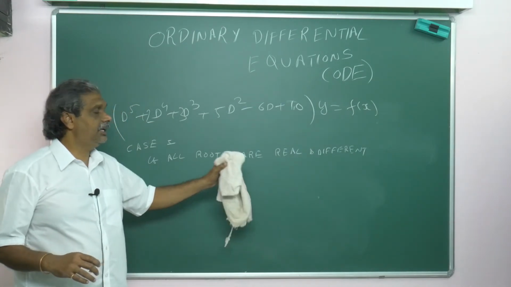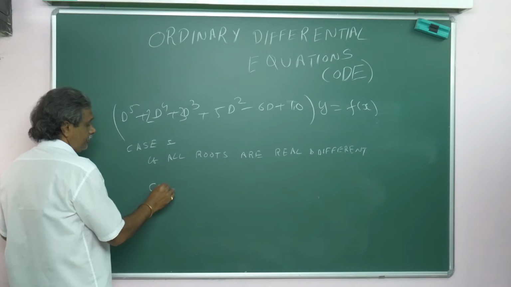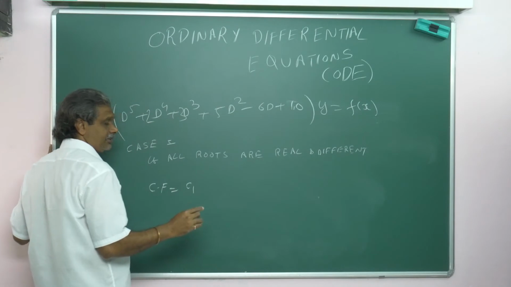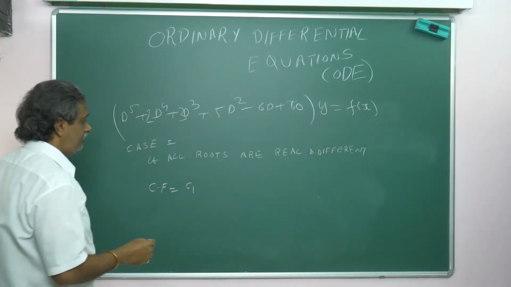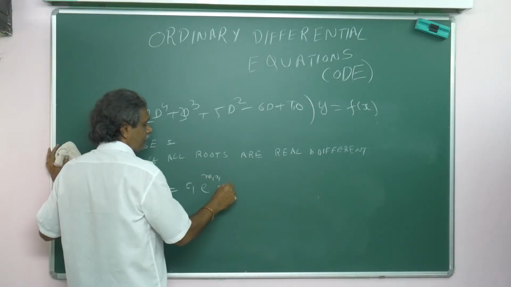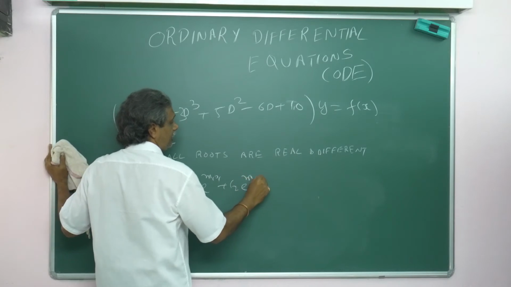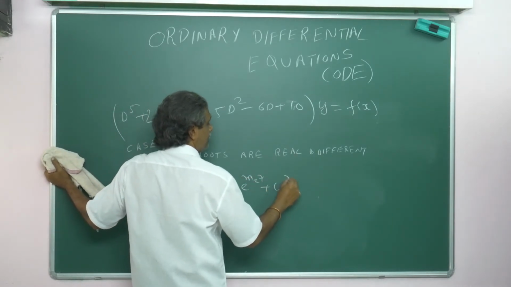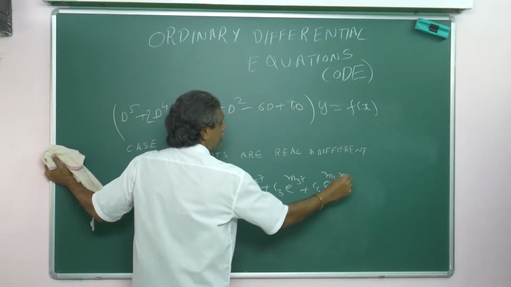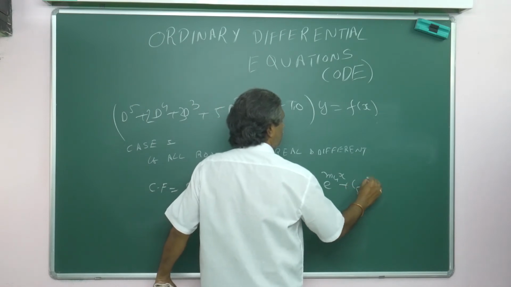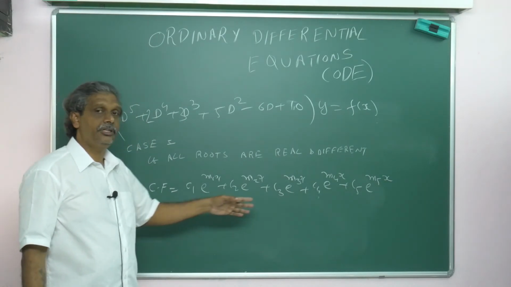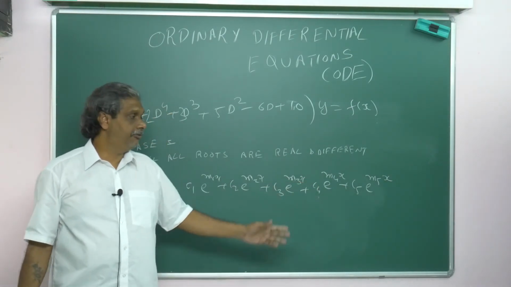So when all roots are real and different, I write CF is equal to, with roots m1, m2, m3, m4, m5, take 5 constants. 5 roots means take 5 constants: C1 e to the power m1 x, plus C2 e to the power m2 x, plus C3 e to the power m3 x, plus C4 e to the power m4 x, plus C5 e to the power m5 x. Don't write A, B, C; take C1, C2, C3, C4, C5. 5 roots means take 5 constants, then stop.